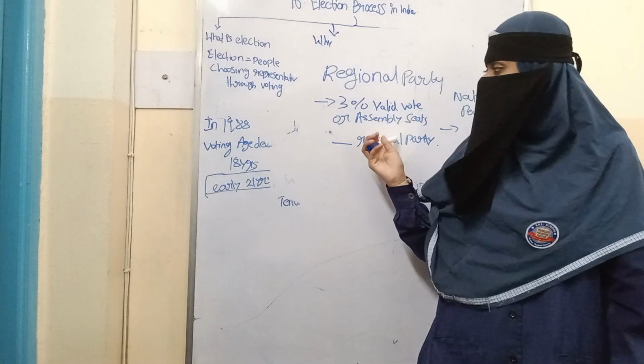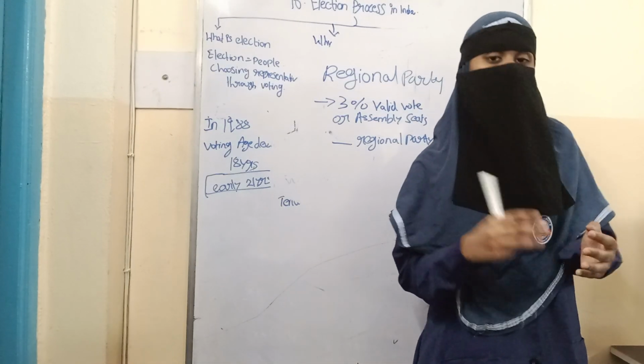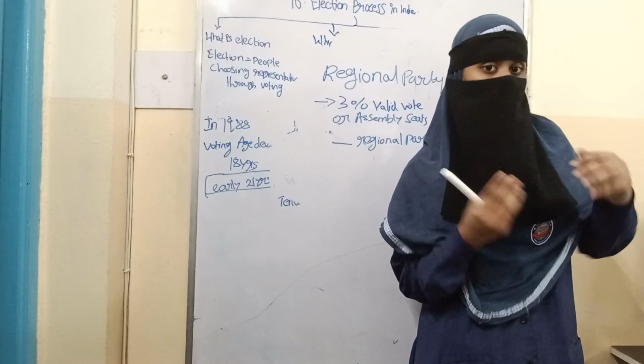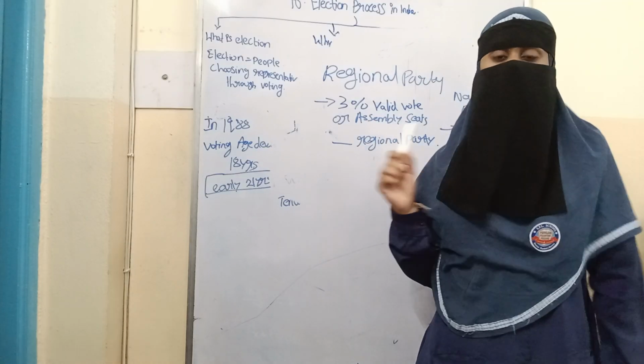So, regional party, in simple words, means that if they are getting 3% of valid votes and 3 assembly seats in one particular state, then it is called a regional party.